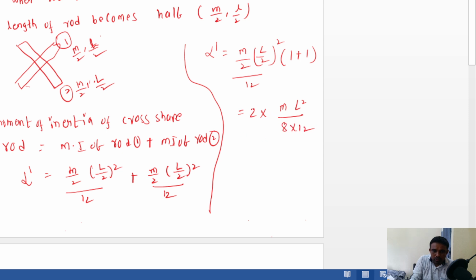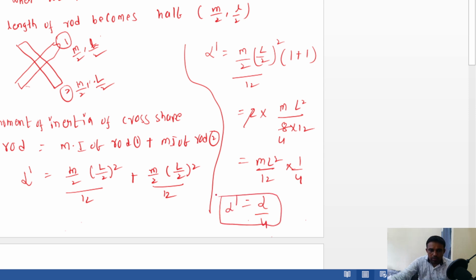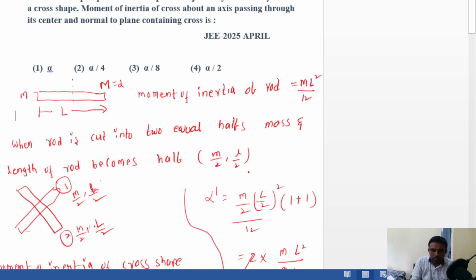So this is written as m L square by 12 into 1 by 4. So m L square by 12 is alpha. So alpha by 4. So the new moment of inertia is alpha by 4.